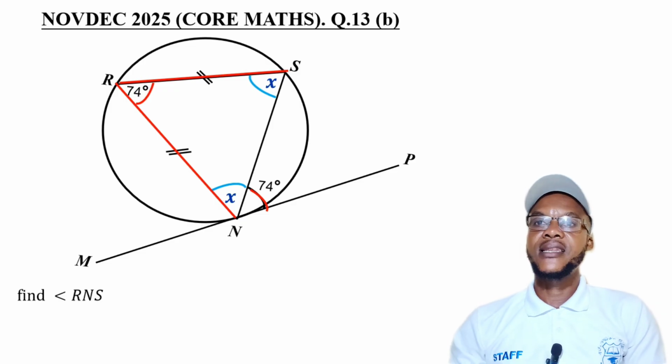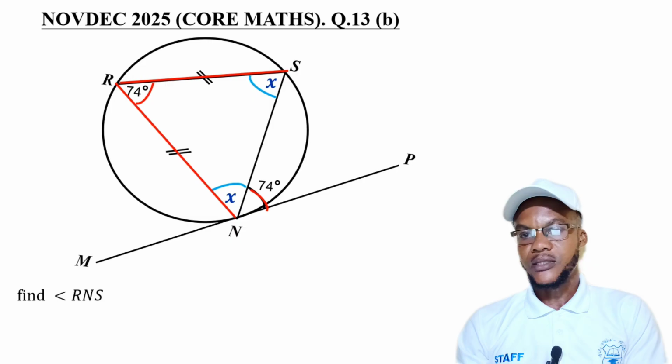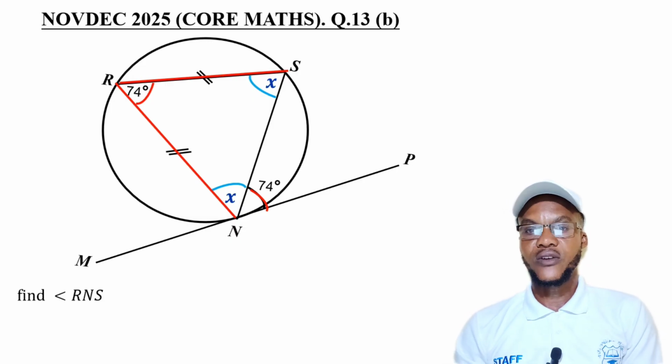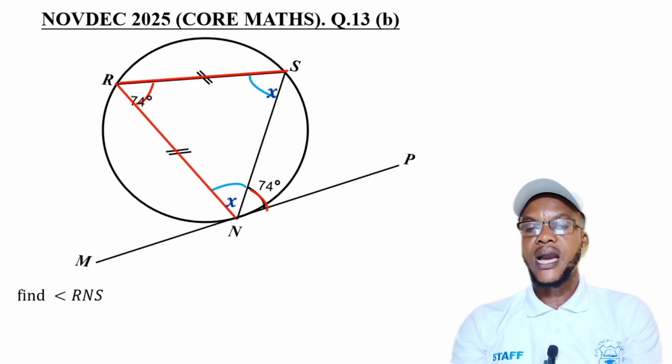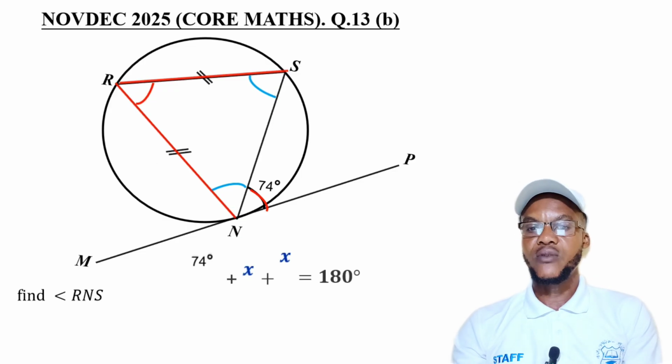Now, the sum of interior angles of a triangle is 180 degrees. So all we do is sum all the angles together, and then we are good to go.